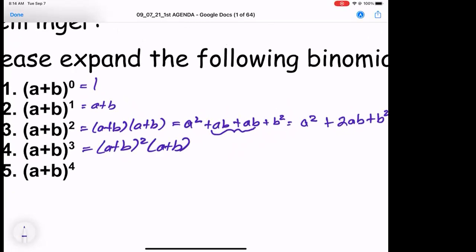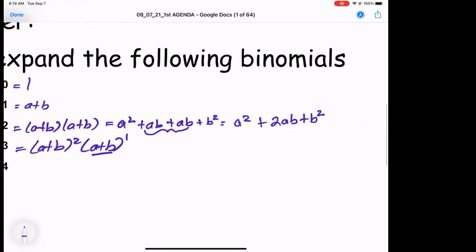Yes, we add the exponent. So what's the understood exponent on this a plus b? 1. So is this the same thing as a plus b cubed? Yeah. So to be able to multiply that, the easiest way is to multiply it like this.